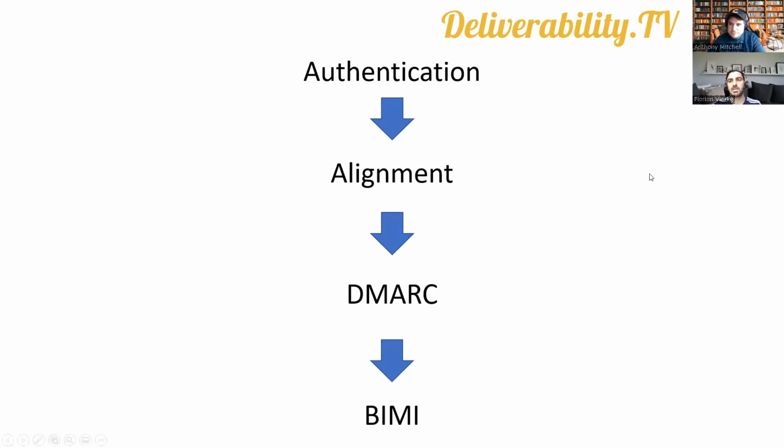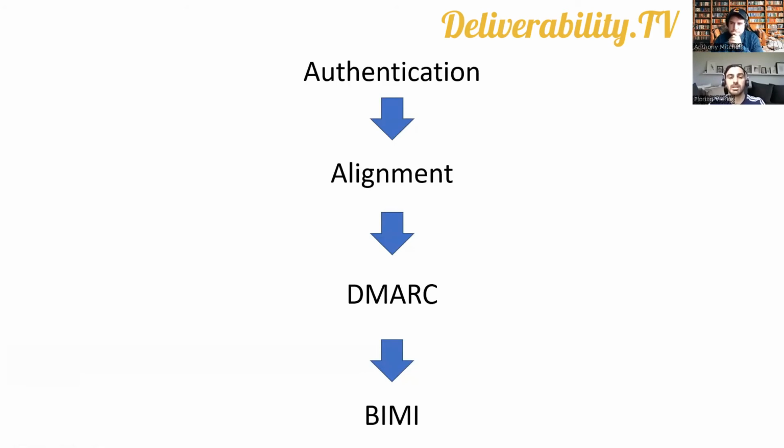Yes, exactly. So in the end, that's all about authentication or domain alignment that we should know. Key takeaways for senders: try to figure out how your setup looks. Then set up DMARC. That's very important.